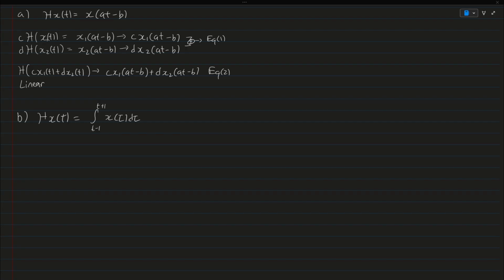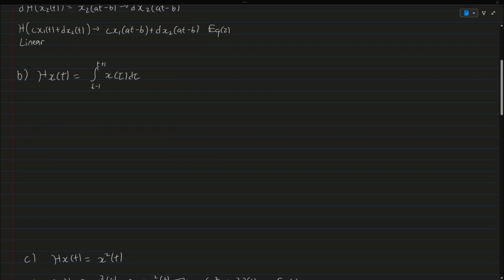Okay, let's solve part B now. Similar problem, we do the same thing. First, just pass x1 of t into the system. You get the integral from t minus 1 to t plus 1 of x1 of tau d tau. Now you multiply by a, and you get a times the integral from t minus 1 to t plus 1 of x1 of tau d tau.